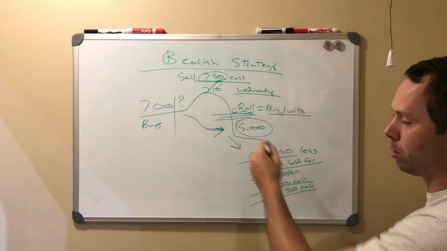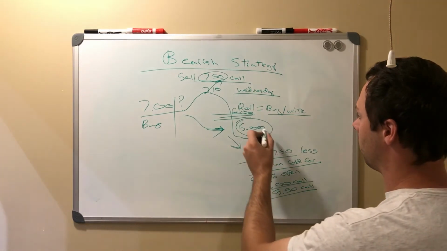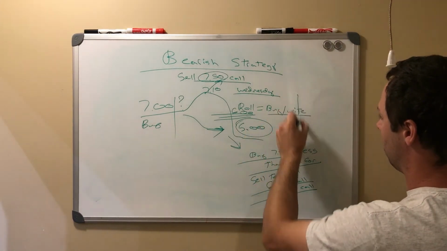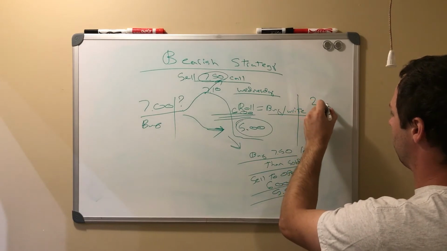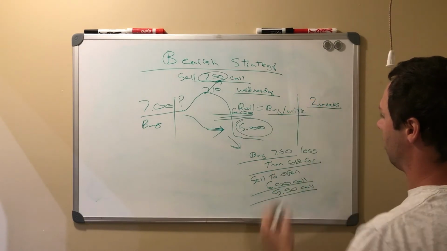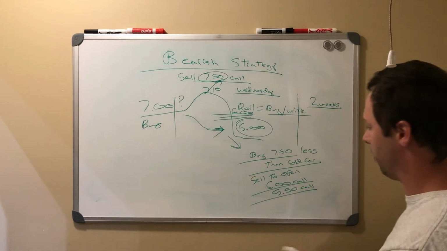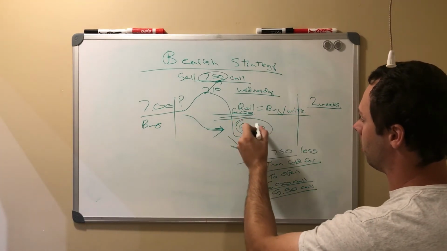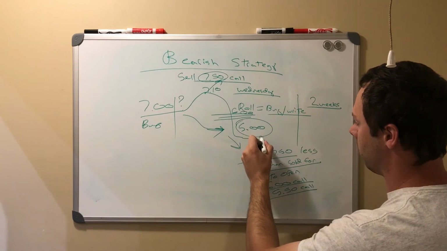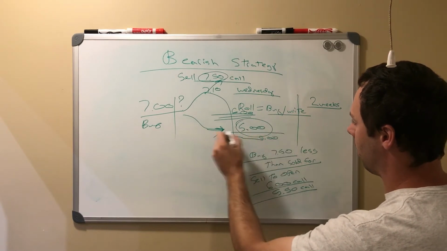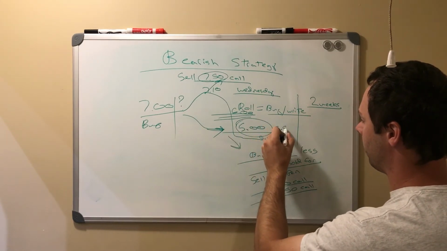And if I'm really bearish on a stock, I'll come out 2 weeks and sell a little more time. But basically, the current strike price is here at $5. I could write over at $5.50.